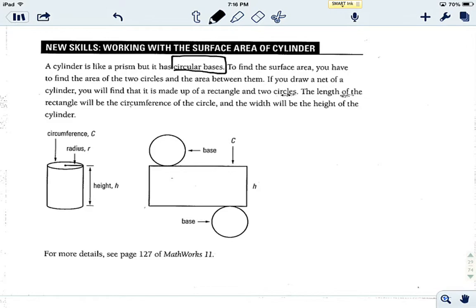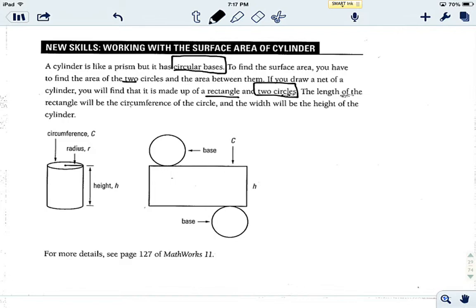To find the surface area, you have to find the area of two circles and the area between them. If we draw a net, and remember a net is basically all the component parts of a structure, you'll find that a net of a cylinder is made up of a rectangle and two circles. That's what we were just talking about.